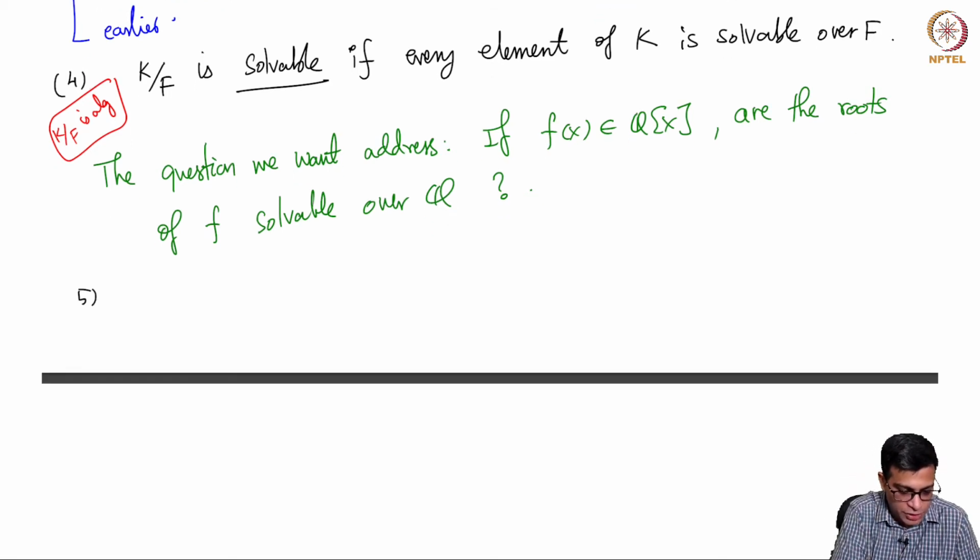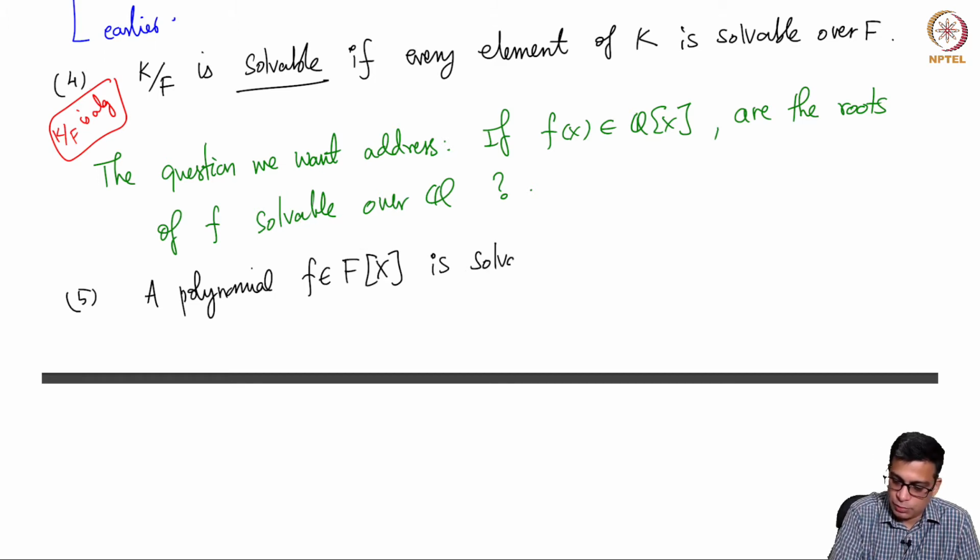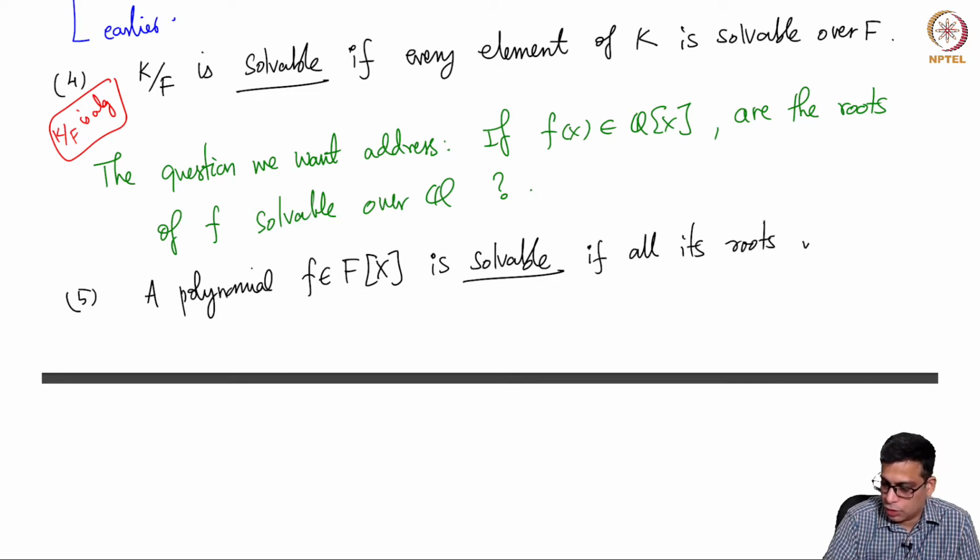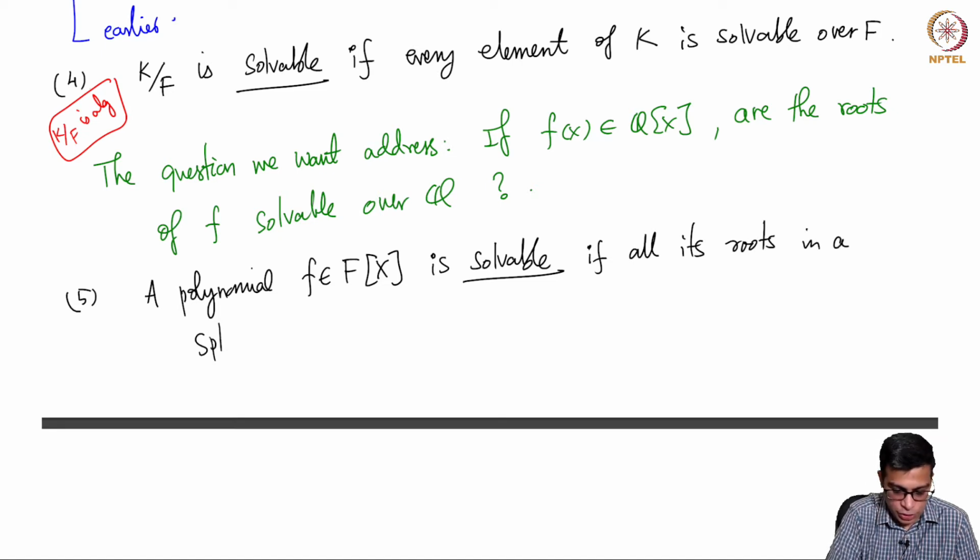And the final definition, let me write that here. A polynomial is solvable if all its roots in a splitting field are solvable over F. Of course, capital F itself may not contain the roots.